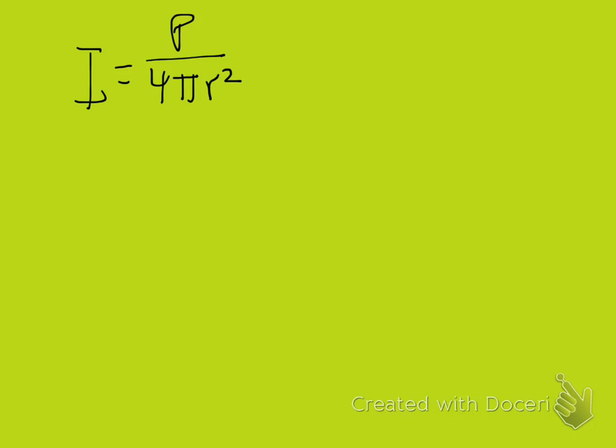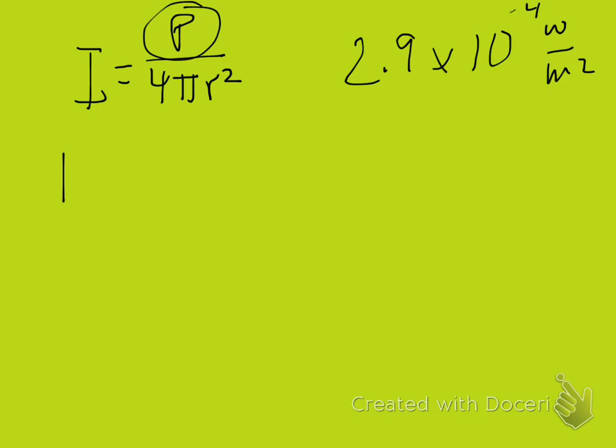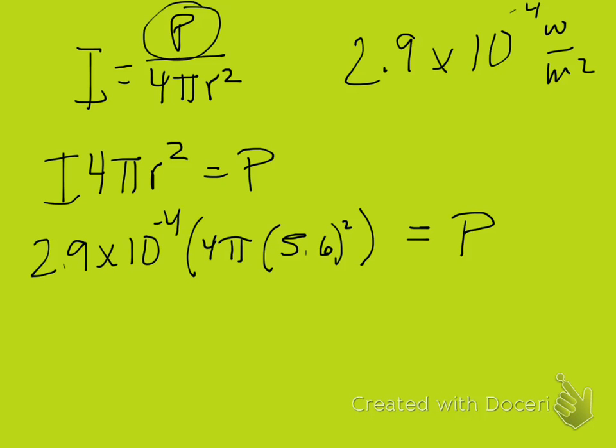Okay, for number 4, how much power is radiated from a band whose intensity is 2.9 times 10 to the negative 4th watts per meter squared at a distance of 5.6 meters? So we have to solve for power. I times 4 pi r squared equals P. You don't actually have to use all those parentheses.